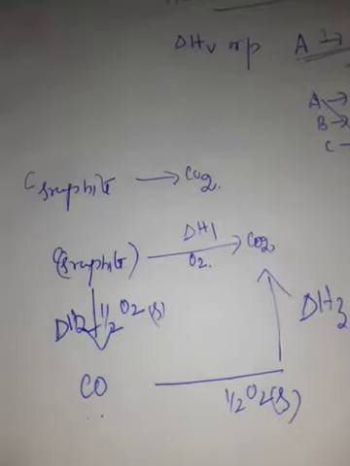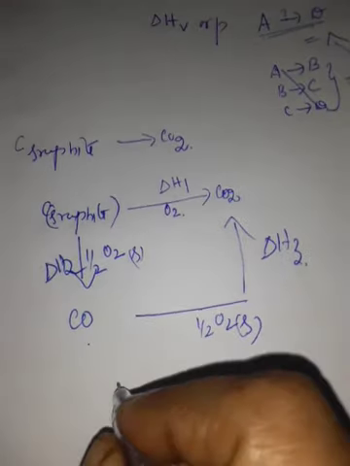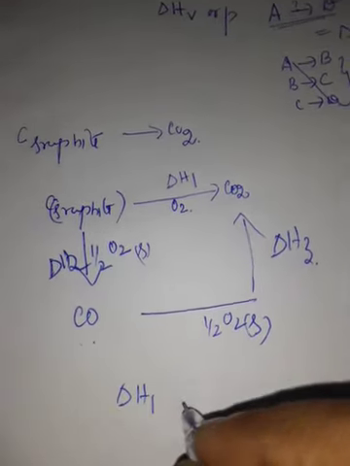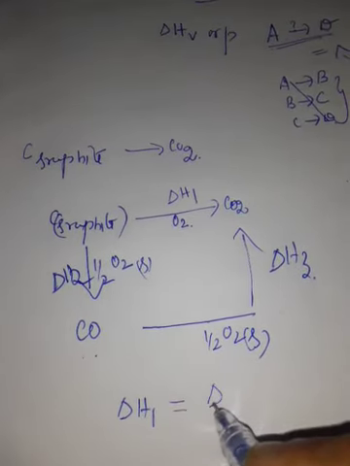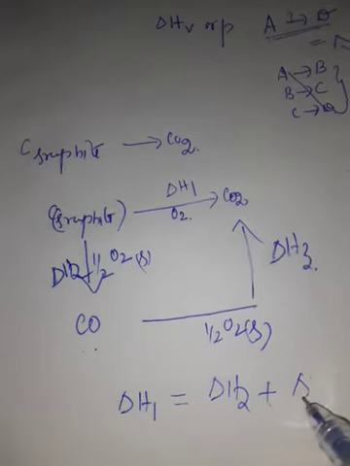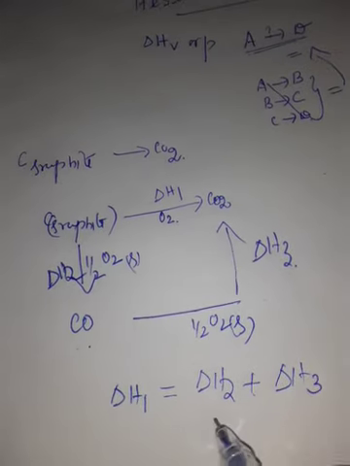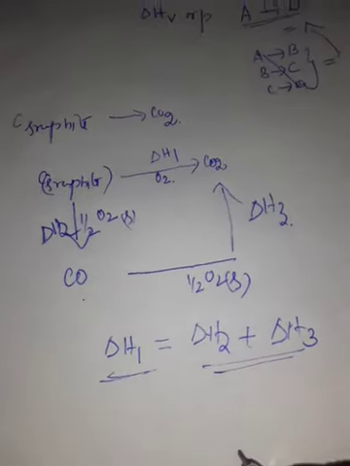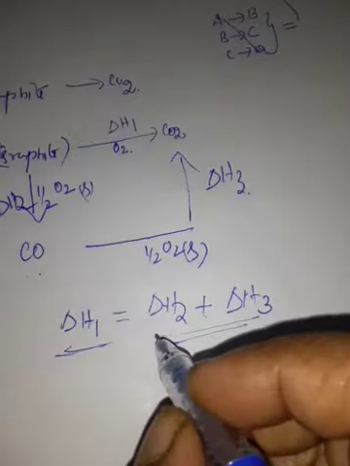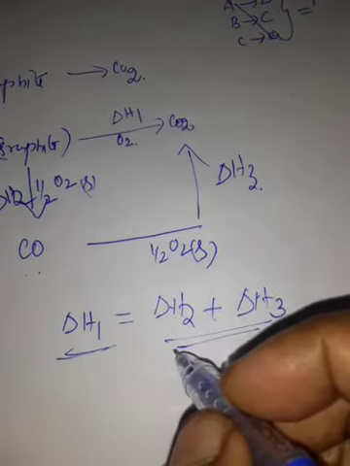So according to Hess's law, delta H1 is also equal to delta H2 plus delta H3. These two values equal this value according to Hess's law.